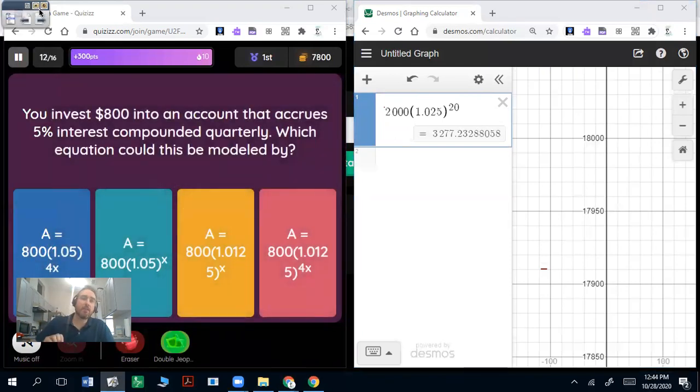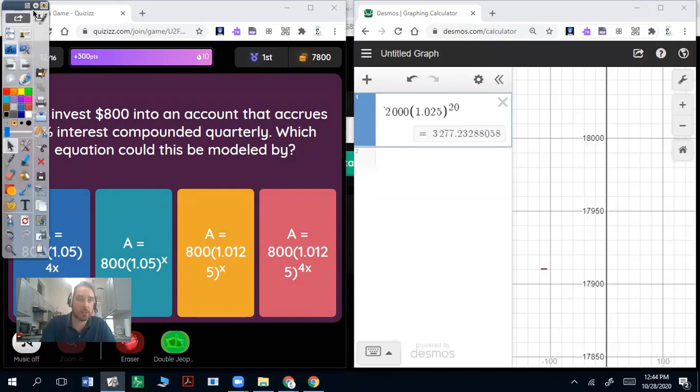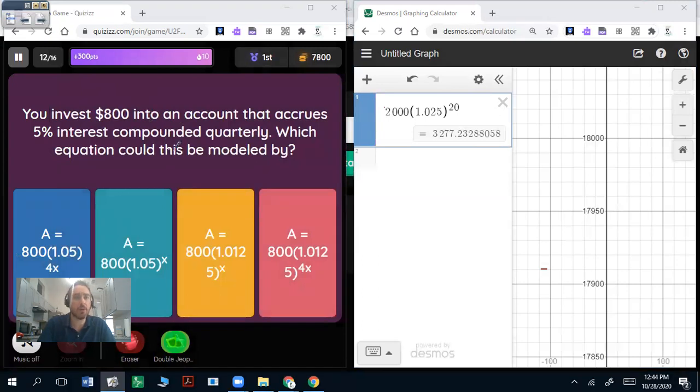All right, you invest $800 into an account that accrues 5% interest compounded quarterly. By which equation could this be modeled by? Accrues is grow. Compounded quarterly. The formula for compound interest is A equals P, parentheses 1 plus R over N, to the NT power, where N is the number of times per year it's compounded.